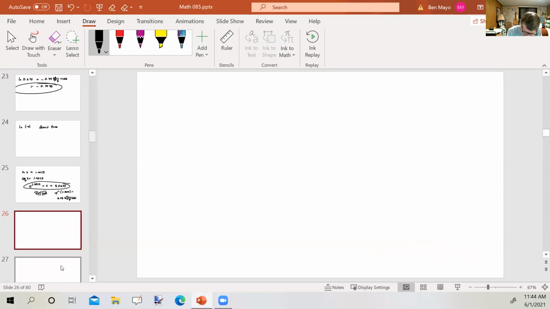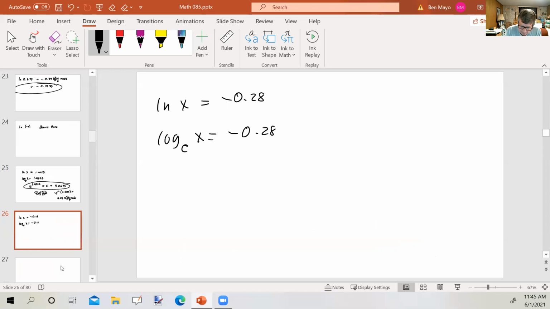Okay, so there's x. Let's see here. The natural log of x equals negative 0.28. So that means log base e of x equals negative 0.28. E to the negative 0.28 power equals x. Again, second ln gives me e to the parentheses power.